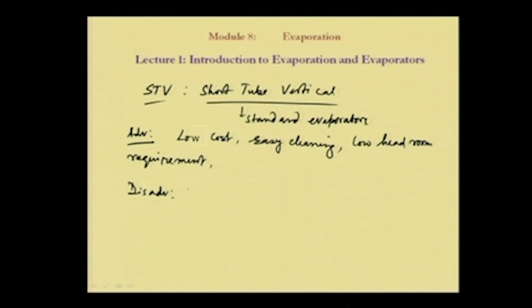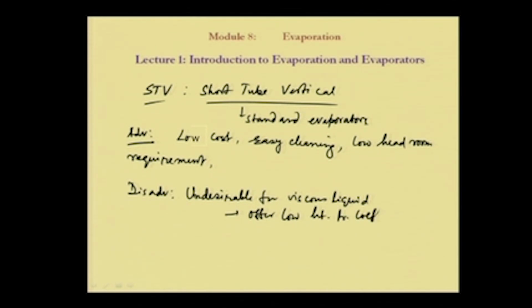They are undesirable for viscous liquid, because they offer a low heat transfer coefficient; the flow is very small because of natural circulation, so the viscous liquid would not be allowed.